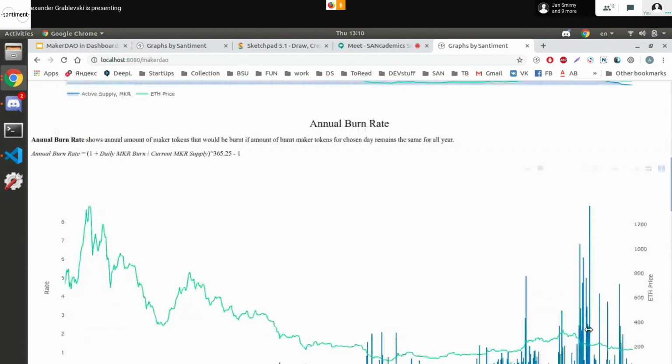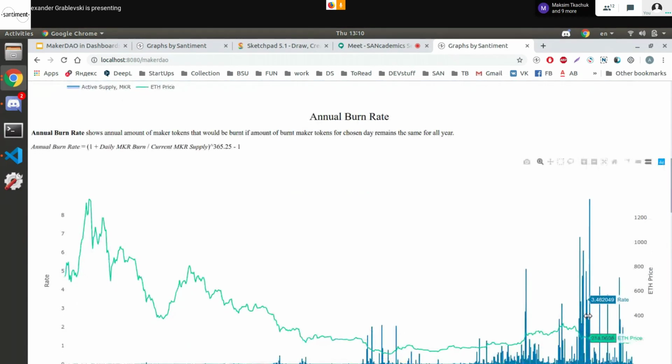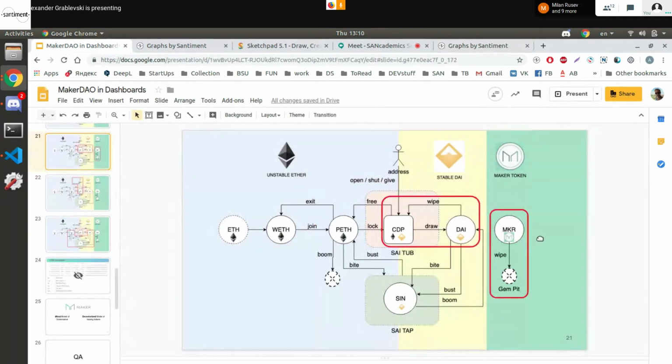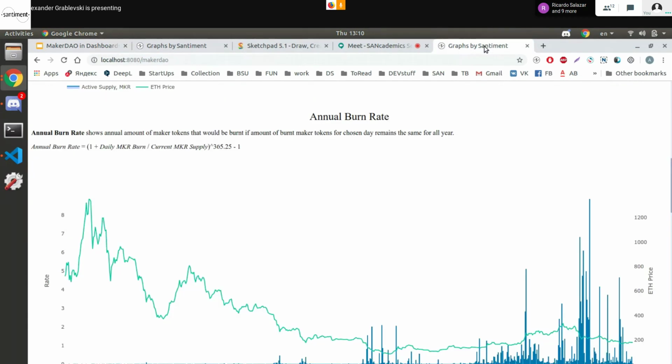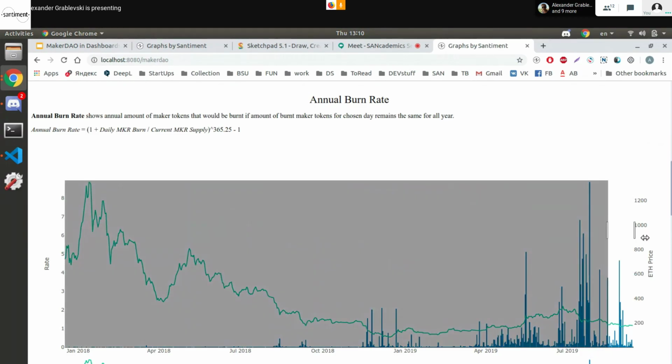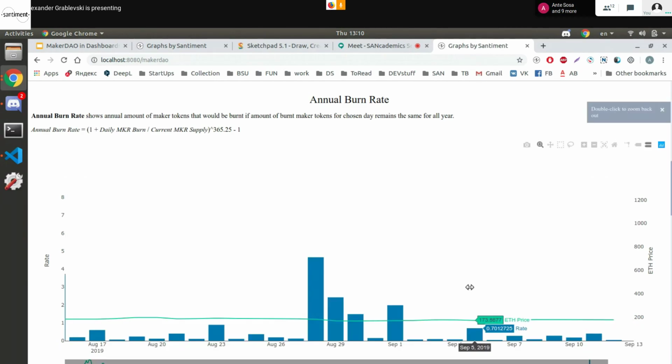Annual burn rate. When I told you about these VIPE events, the Maker tokens that are paid for the stability fee are actually burned. And this graph shows you how many Maker tokens will be burned if all the fees that accrued on that day remain the same for a year.